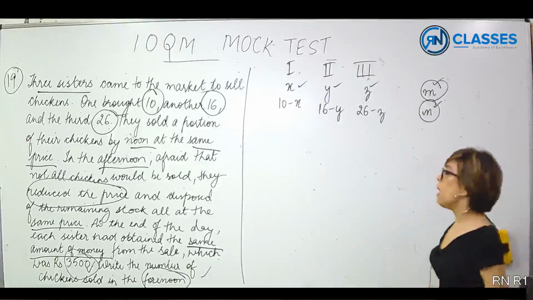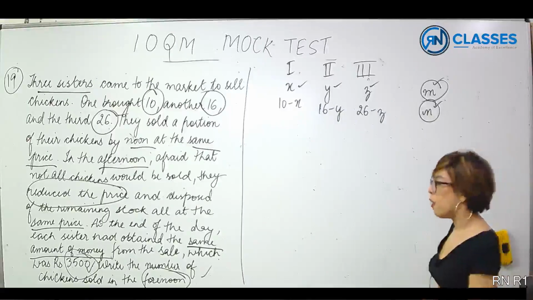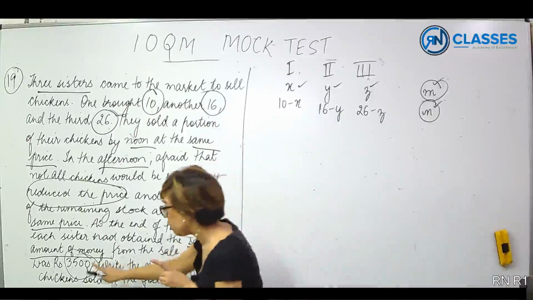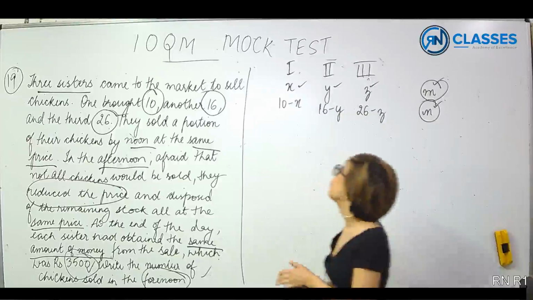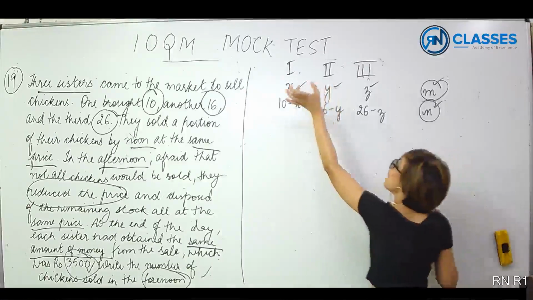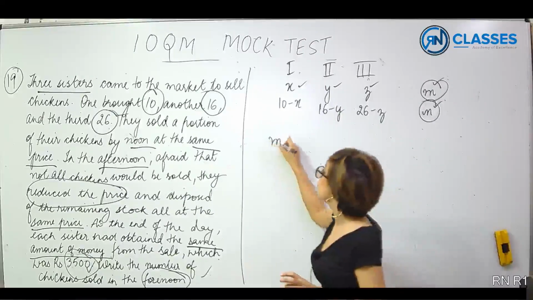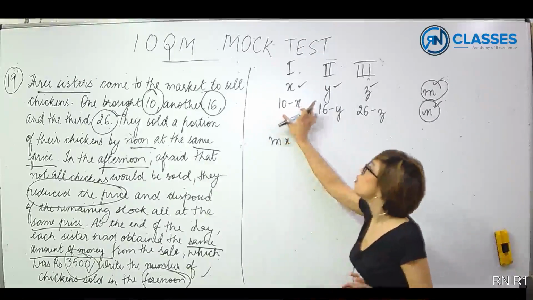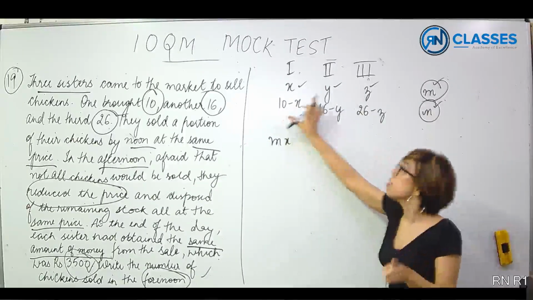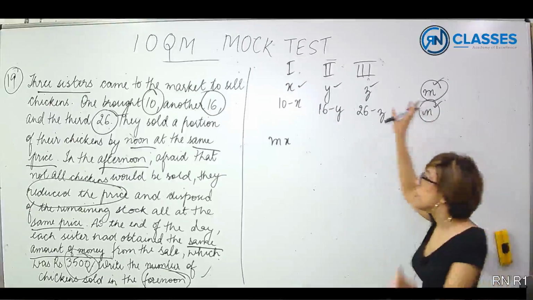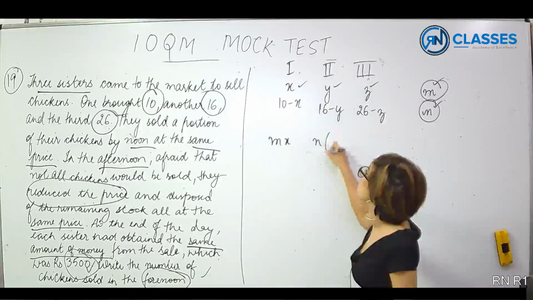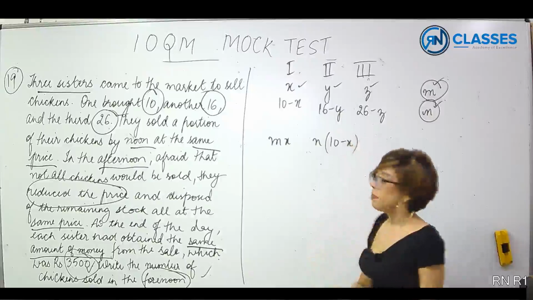Right? Okay. Now let's make the equation. Each sister is getting 3,500. So in the morning time, she sold x chickens at the price of m. So in total that is mx. In the afternoon time, she sold 10 minus x chickens at the price of n. So in total that is n into 10 minus x. Right?